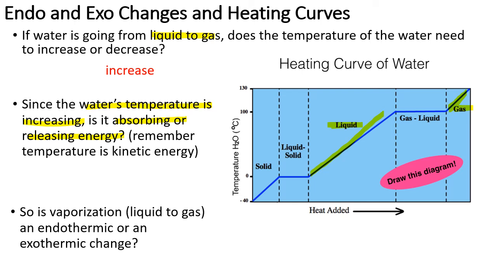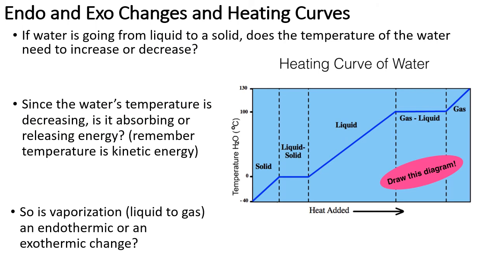The temperature needs to go up. It is absorbing energy. So thinking about endo-exo, is vaporization going from a liquid to a gas an endo or an exothermic change? It's endothermic because it requires the water to absorb energy.